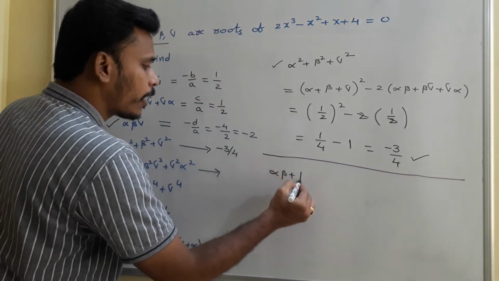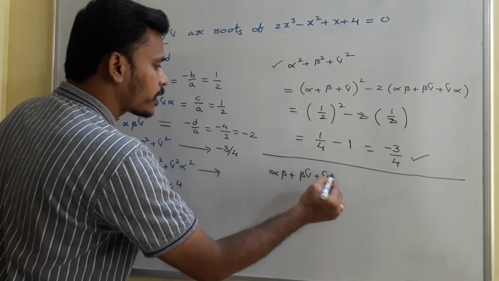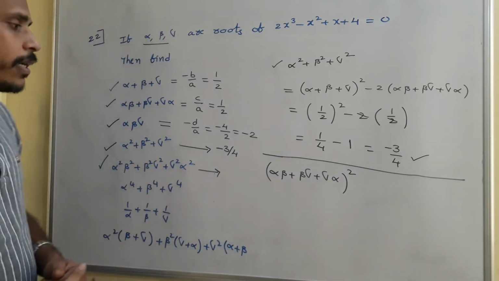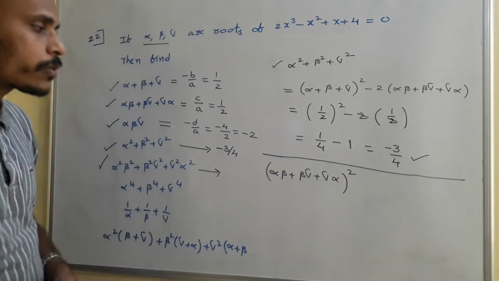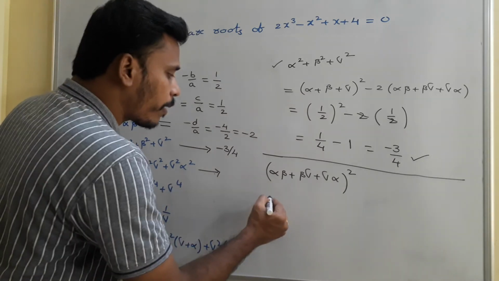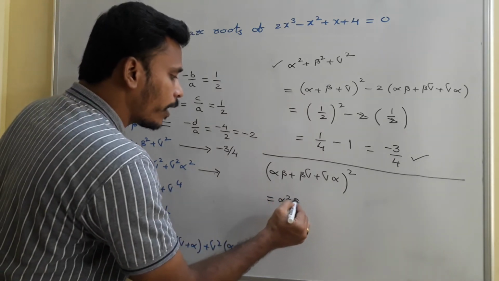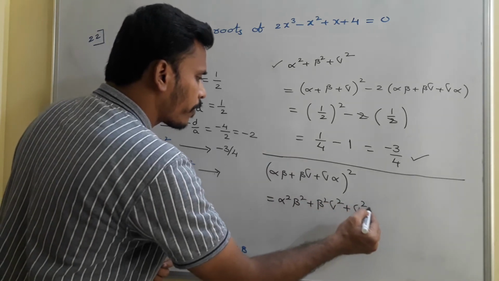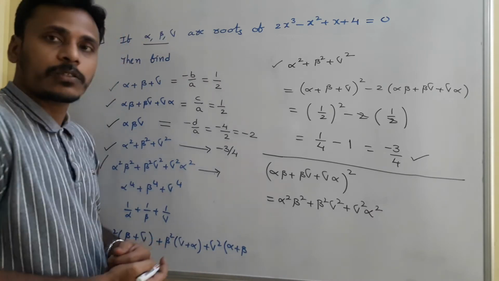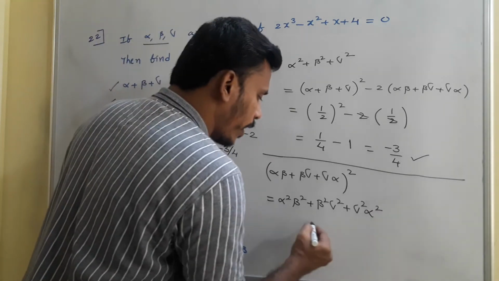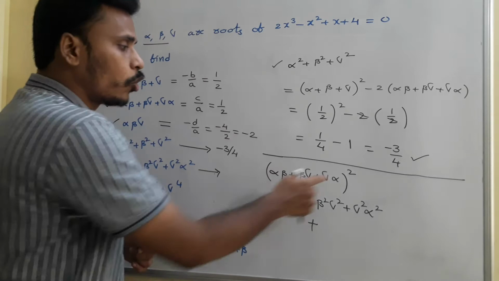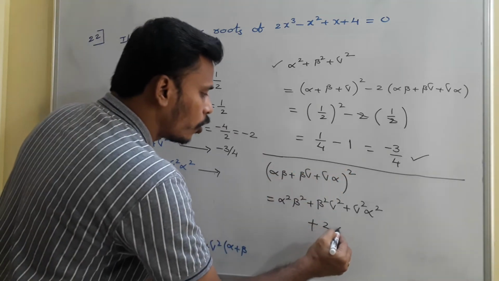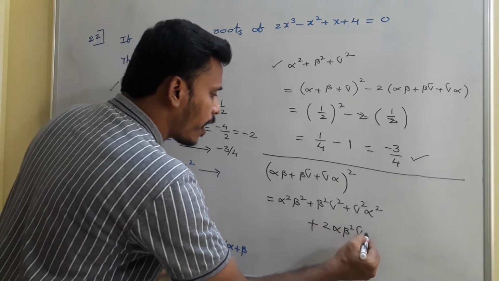Alpha beta plus beta gamma plus gamma alpha whole square is nothing but, I think you all already did it in algebraic identities, alpha square beta square plus beta square gamma square plus gamma square alpha square plus 2ab. So 2 into alpha beta into beta gamma means 2 alpha beta square gamma.